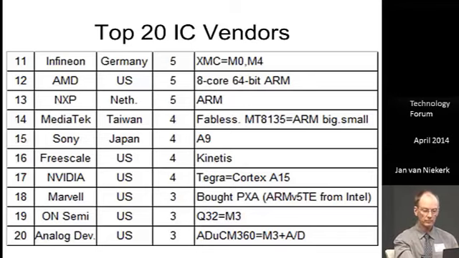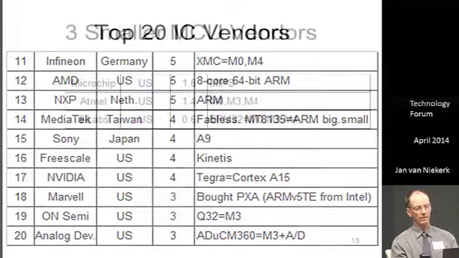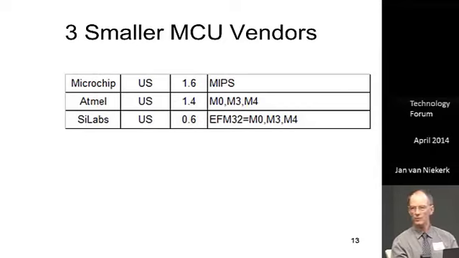And then finally, vendor-wise, there are 3 smaller vendors, and Microchip, especially because I used to work with them, but they don't have any ARMs. That's very interesting. They made a very tactical decision, and they talked to MIPS, and so the Microchip 32-bit microcontroller is a MIPS machine.